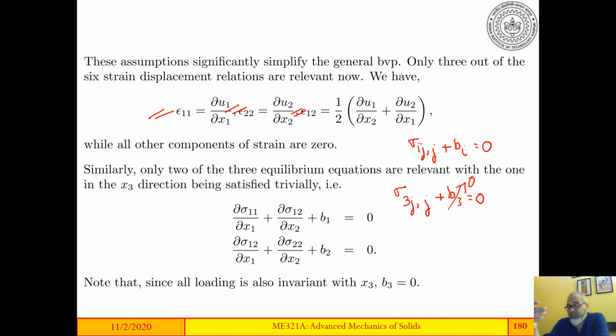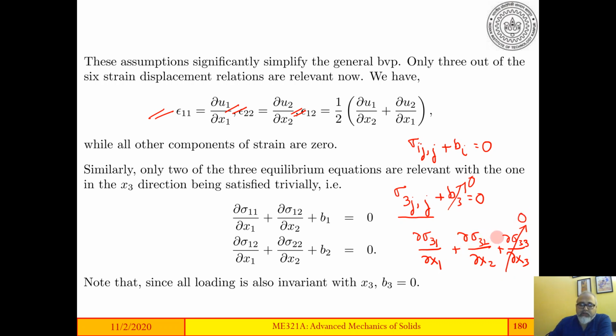Nothing varies in the z direction, remember, the x3 direction. Out of this sigma 3j comma j, you will have sigma 31 x1 plus sigma 32 x2 and sigma 33 x3, and you will see that this is 0 because del x3 of everything is equal to 0.